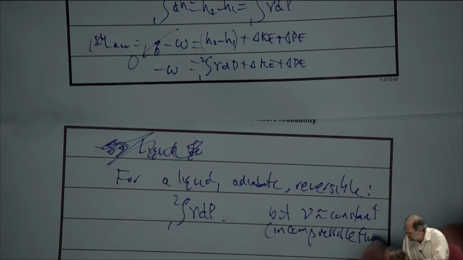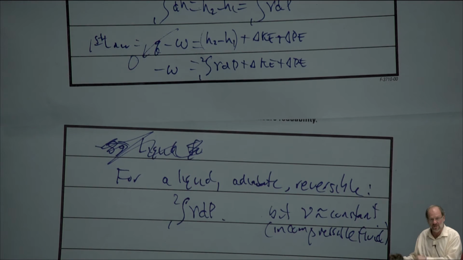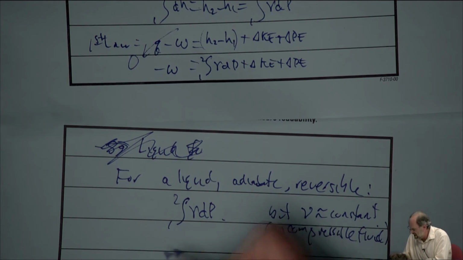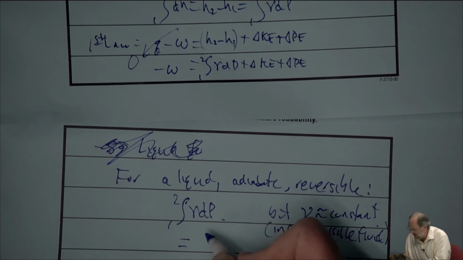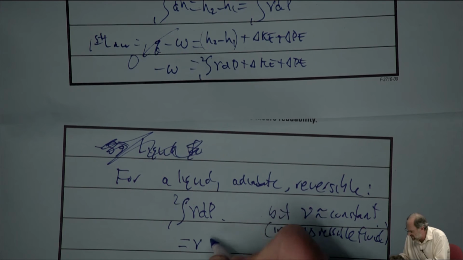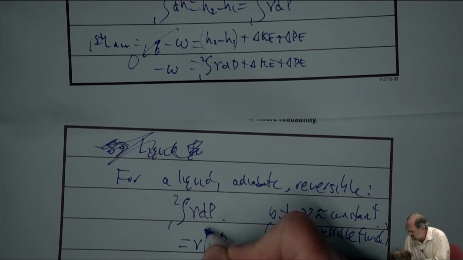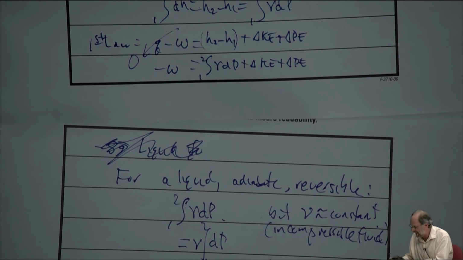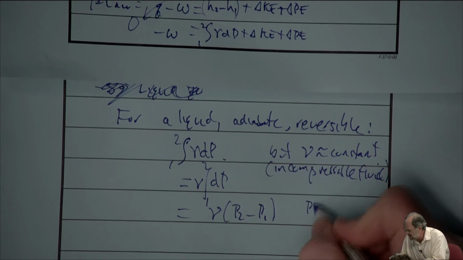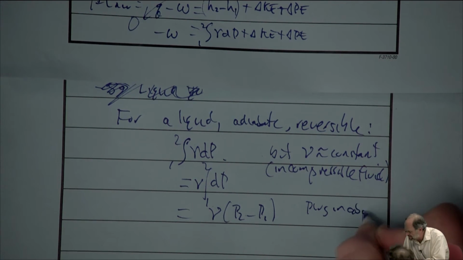Incompressible fluid, just like you'll be studying in your 311 and 312 classes. And therefore, this integral of VdP, well, if V is constant, it's going to come out. We just have the integral of dP from 1 to 2, which basically means it's the specific volume times the pressure change. So we can now plug this back into the first law.